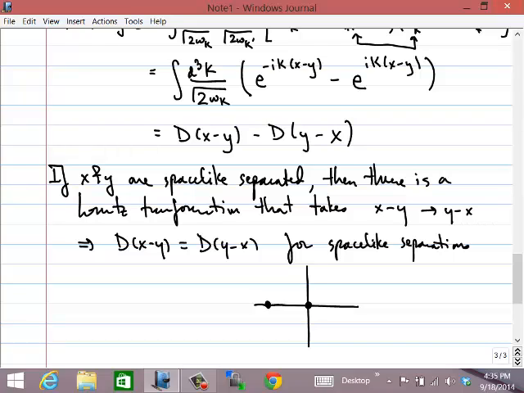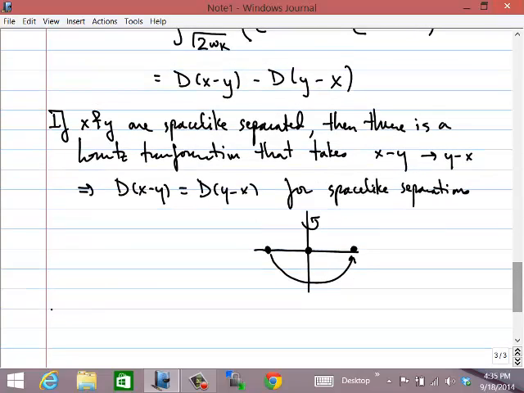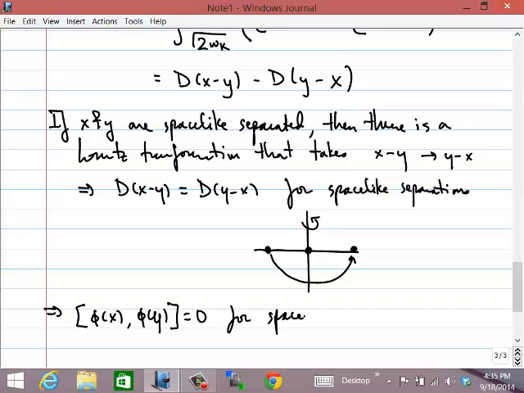You could just imagine the rotation, say, about this axis here, that takes this point x over to this point here, and you see that you've taken r to minus r. So in this case, just by performing that rotation, you see that D of x minus y is equal to D of y minus x. Okay. So the commutator of phi x and phi y vanishes for space-like separations.